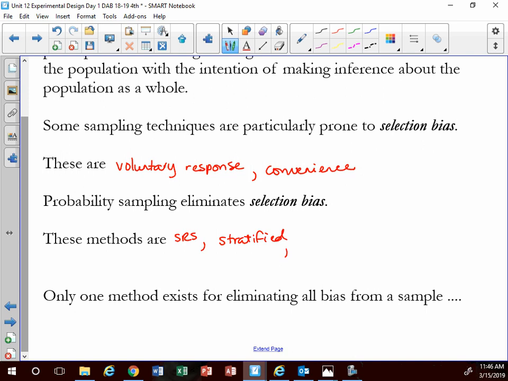They're not perfect, but those would go in there. Systematic would work. And convenience? No, not convenience. What did I forget? Cluster? Yeah. Stratified and cluster.